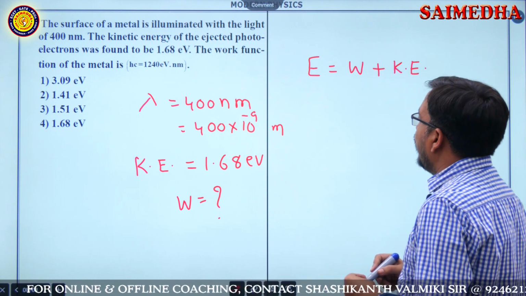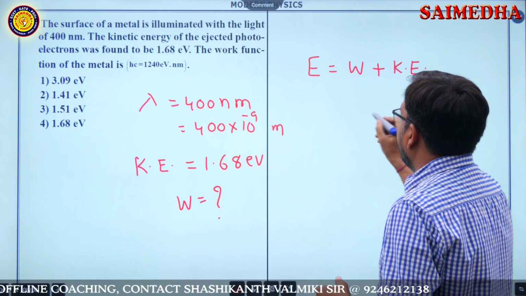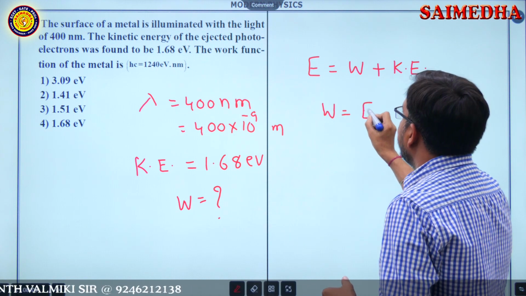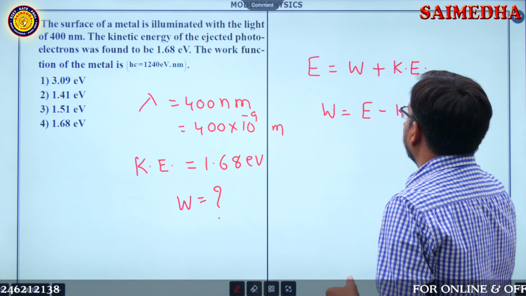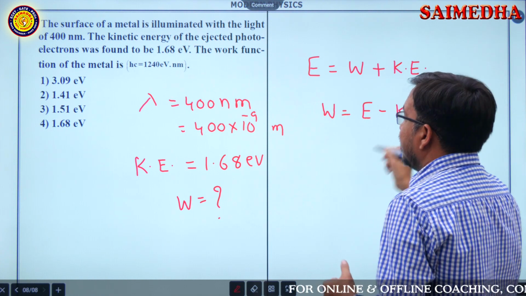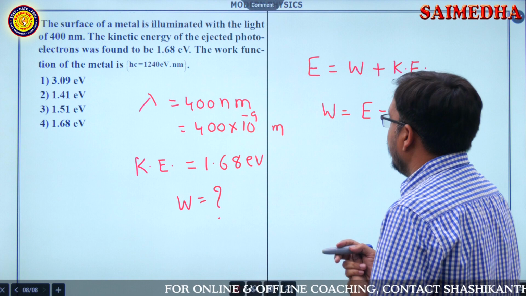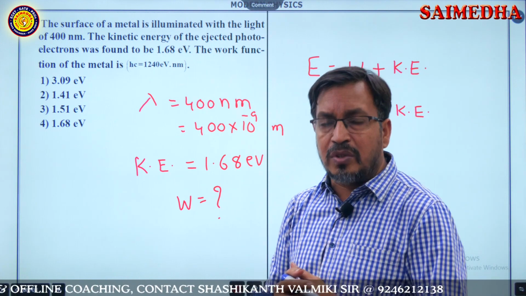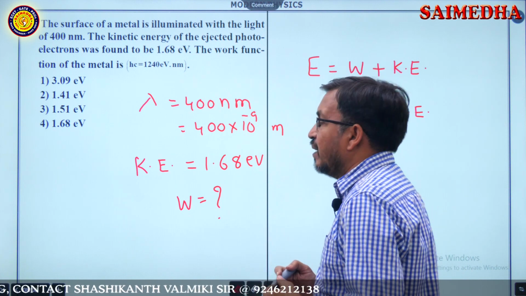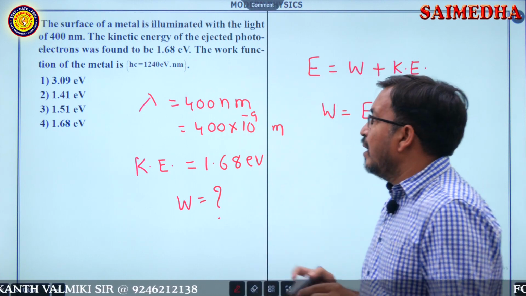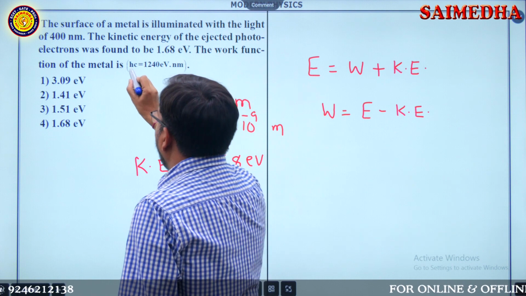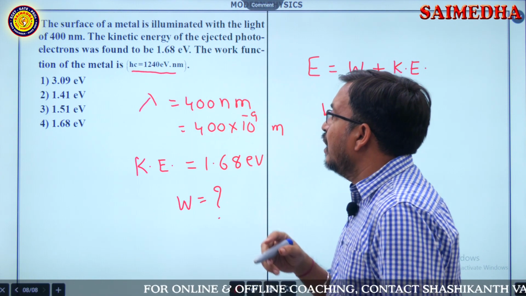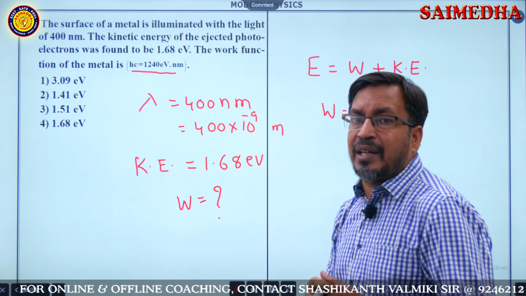Now it is asking work function. So I am writing the formula: work function W equals E minus kinetic energy. Kinetic energy is given as 1.68 electron volts. Now I want the energy value also in electron volts. Here wavelength is given. When wavelength is given, hc equals 1240 electron volts nanometer.